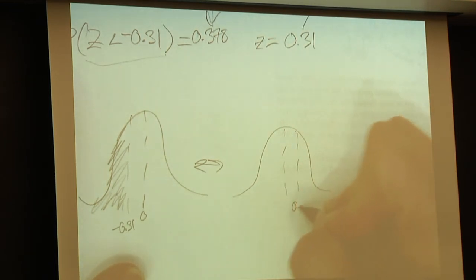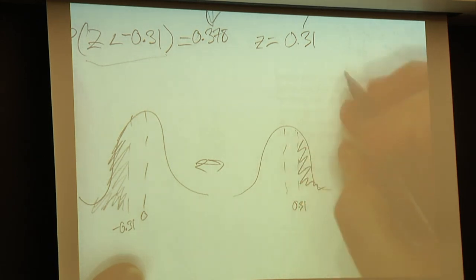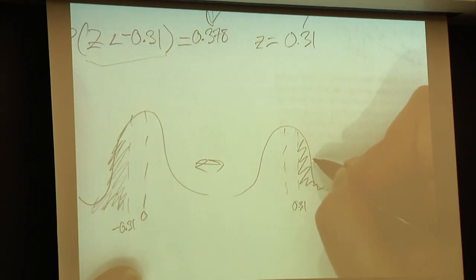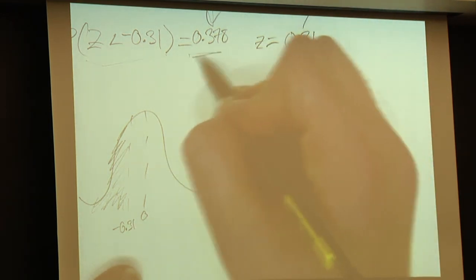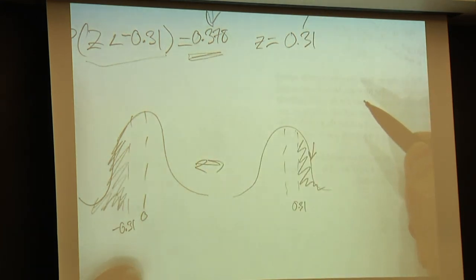We'll have a positive 0.31 just so it's nice and pretty looking up here. And now this area also corresponds with, well, we don't really know yet. We're going to find out. All I know is that it should equal this, right? This shaded area should equal 0.378, okay?